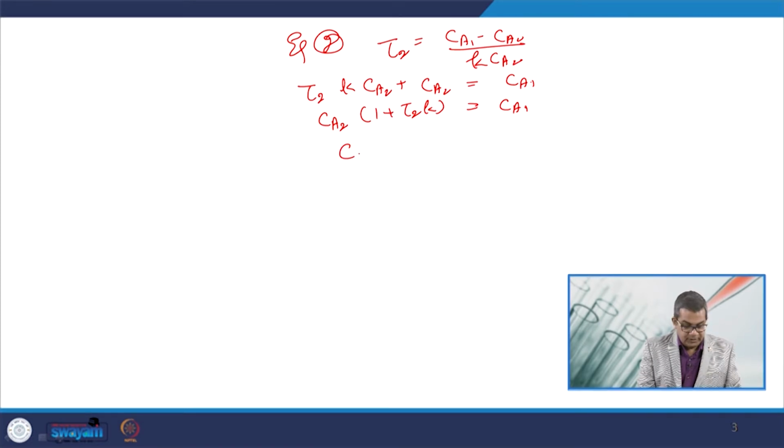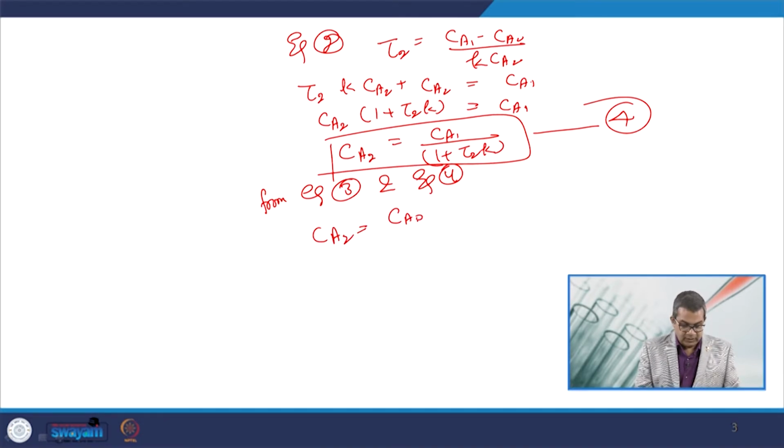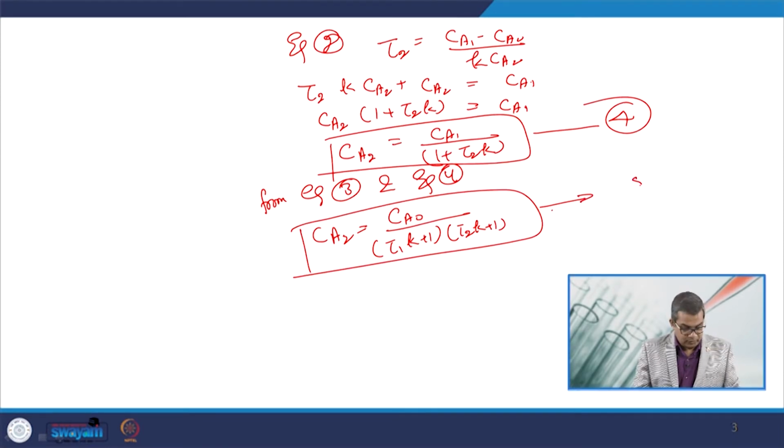Now if we write the equation with respect to Ca2, then it becomes Ca1 upon 1 plus tau 2 K. Now this becomes equation number 4. So from equation 3 and equation 4, we can have Ca2 equal to Ca naught upon 1 plus tau 1 K times 1 plus tau 2 K, and that becomes equation number 5.